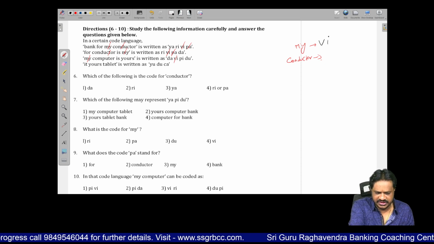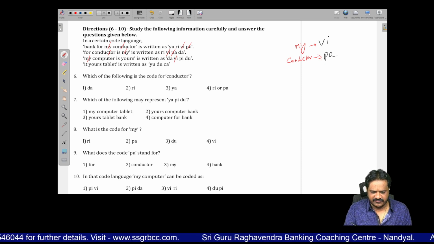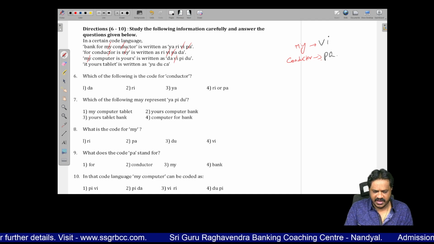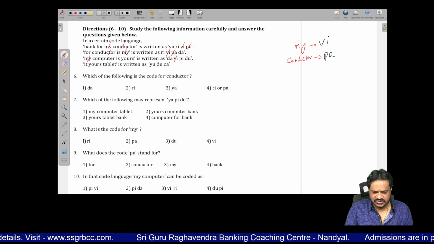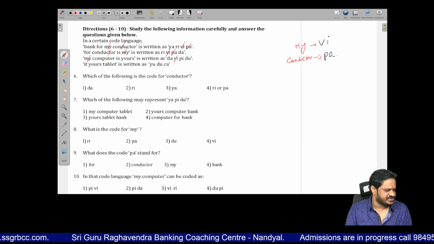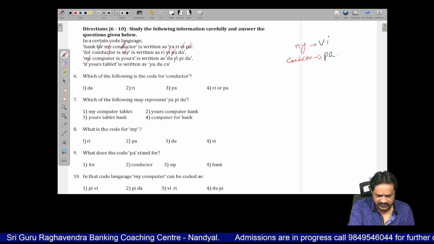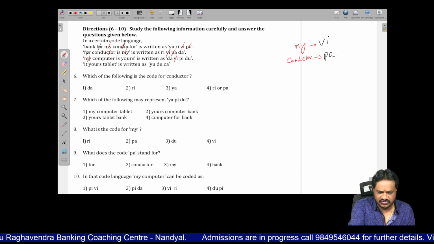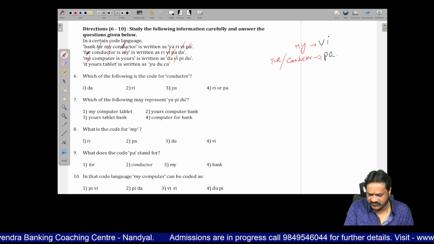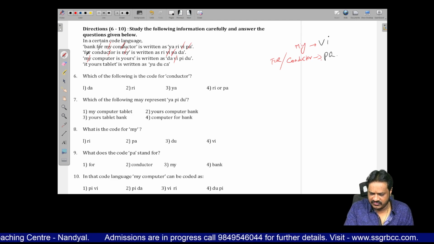Conductor code is PA. Then bank for. Bank is there, for is there. You can see conductor and for both in first and second. So the code for either conductor or for can be either PA or which one?